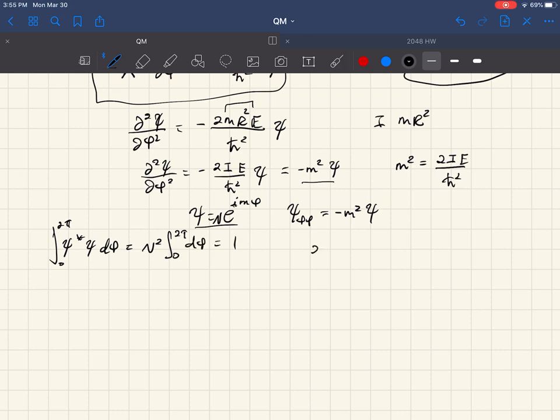So that means that 2 pi N squared is equal to 1, and that means that N is equal to 1 over the square root of 2 pi. So this is our properly normalized wave function.